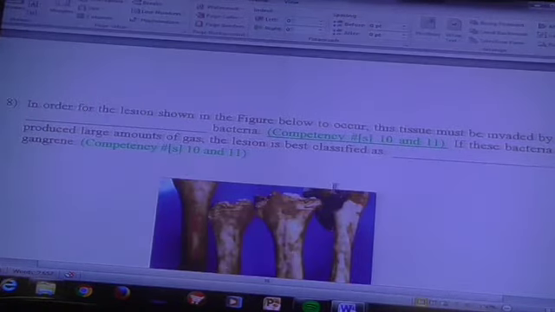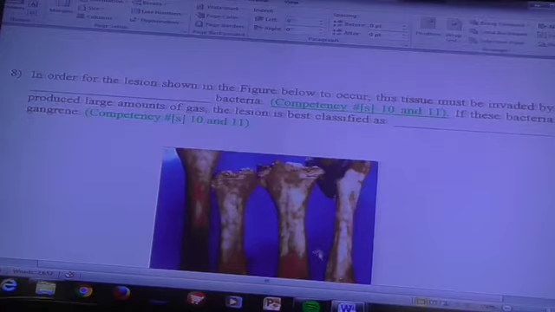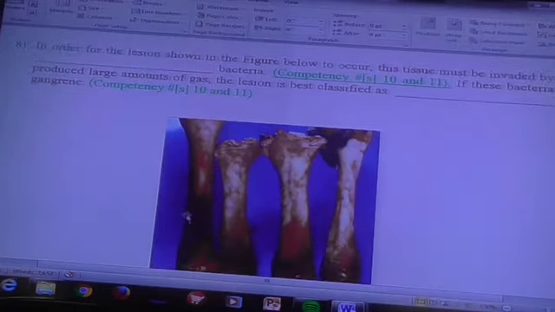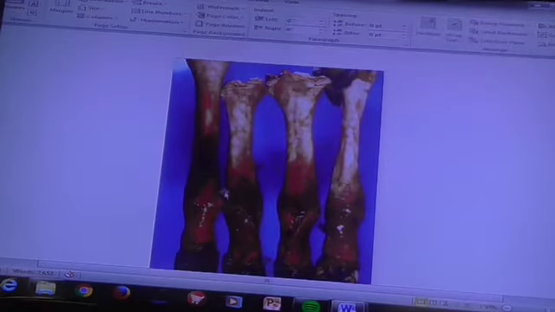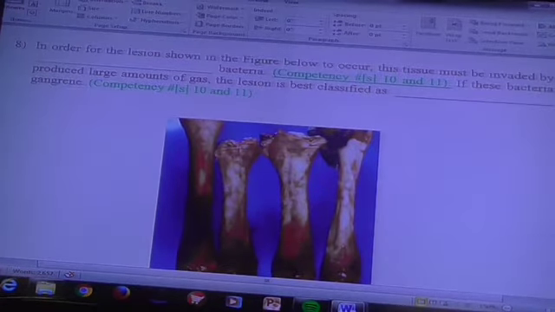Okay. And the other one, actually the question is the same for both. On B, it was the legs from his calf, and on A, it was the ears from a piglet. So, what do you call this stuff? What invades first?